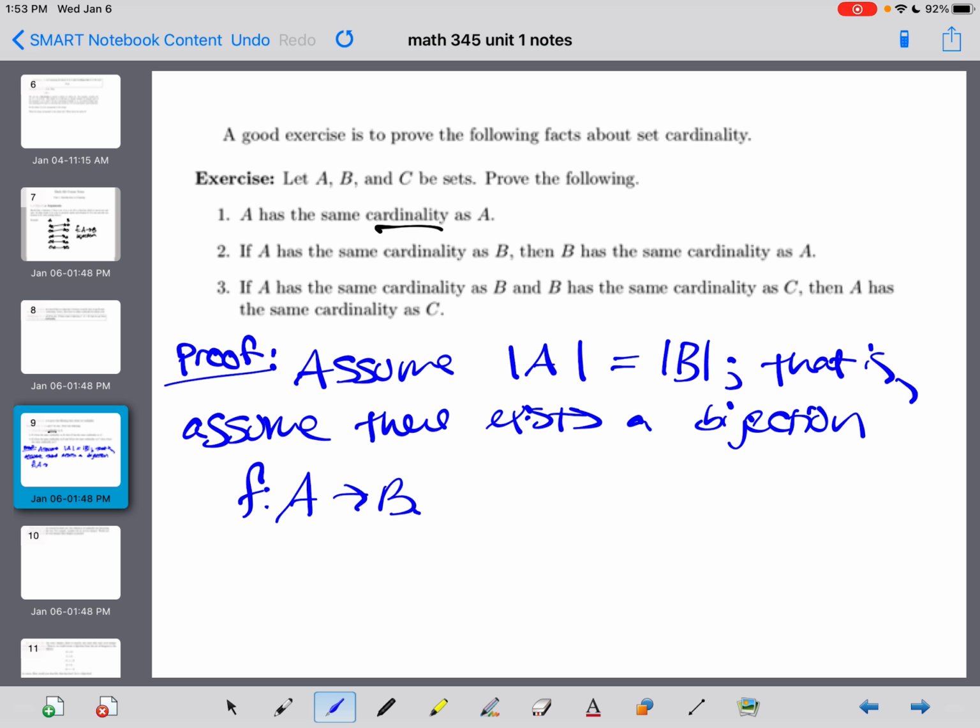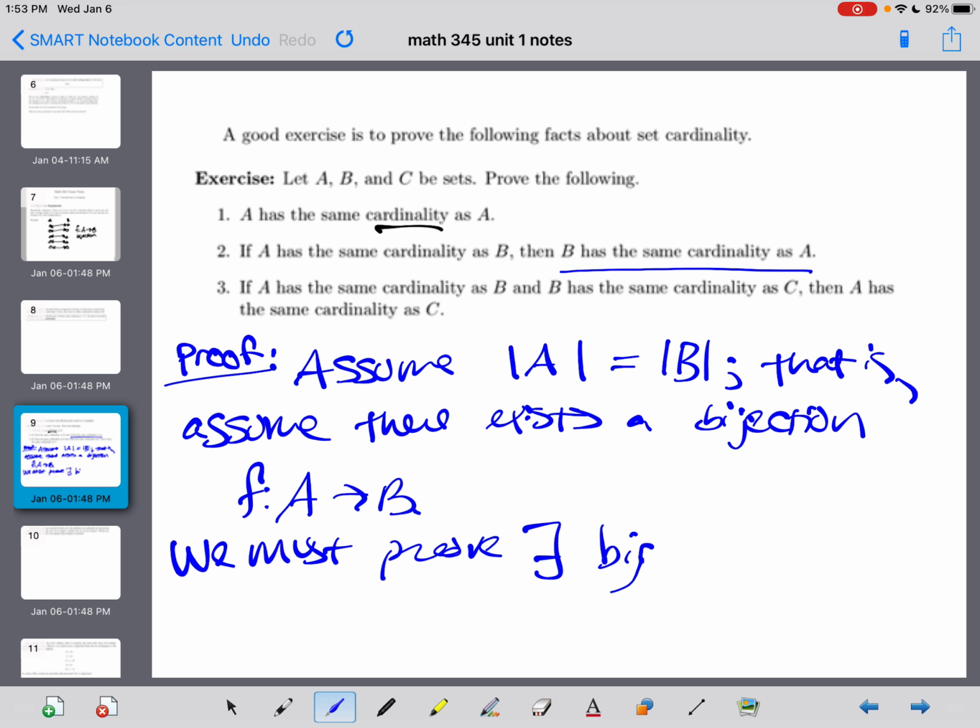A bijection just means that function is one-to-one and onto. Now we want to show that B has the same cardinality as A. In other words, we must prove that there exists a bijection, let's call it g, that goes the other way, from the set B to the set A.